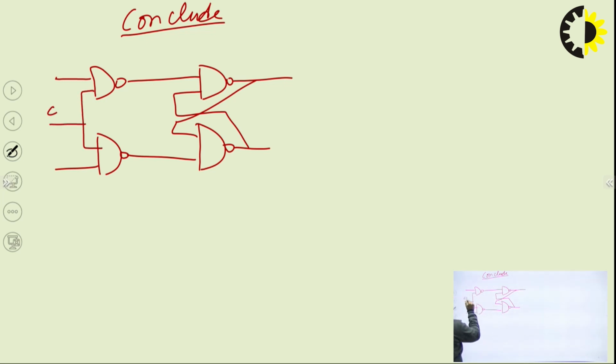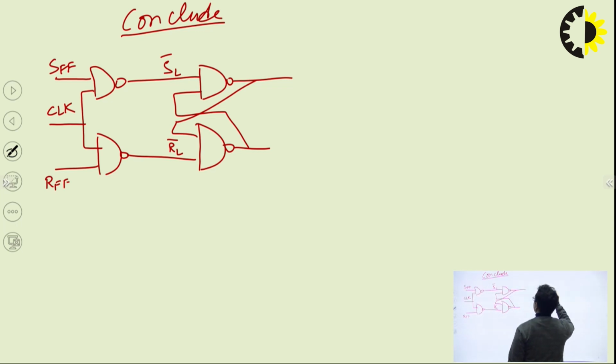This is your clock, and this is your SL complement, RL complement, at the same time SFF, RFF. Using NOR, the clock is connected with the NAND gate.